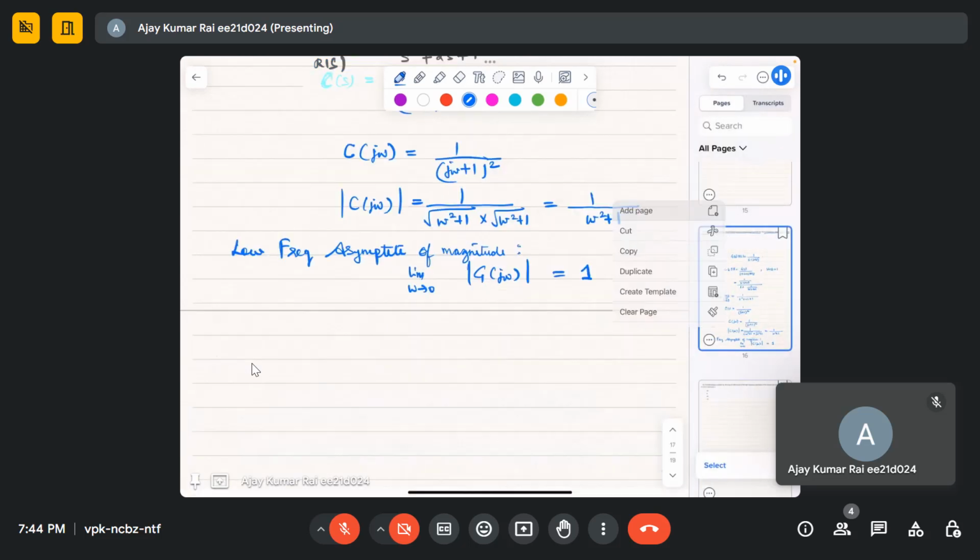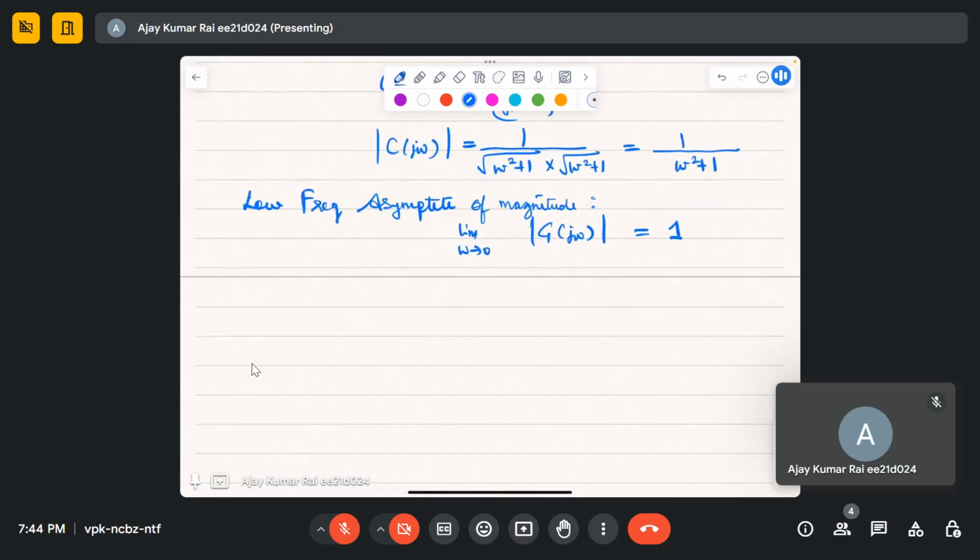So in dB, let's find out. In dB, it's 20 log base 10 of this. So if you put omega equal to 0, this is equal to 1, right?